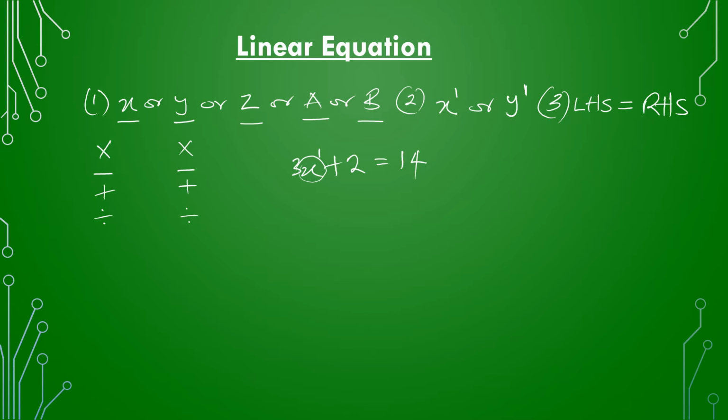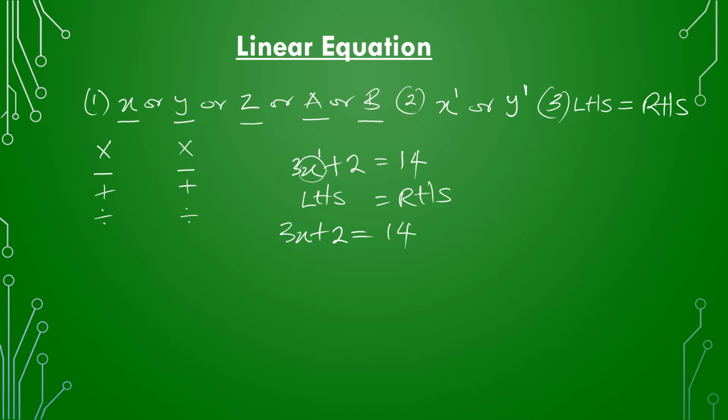And then when we want to solve it, it's going to satisfy the third point, in which anything done to the left-hand side will also be done on the right-hand side. From this question, 3x plus 2 is the left-hand side of the equation, and 14 is the right-hand side. Now we have 3x plus 2 equal to 14.